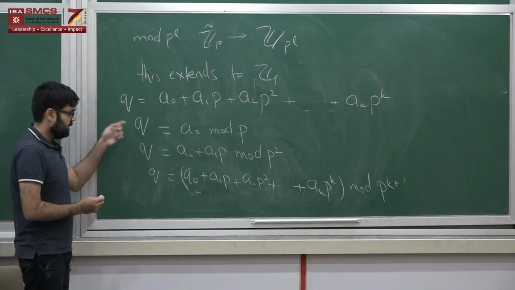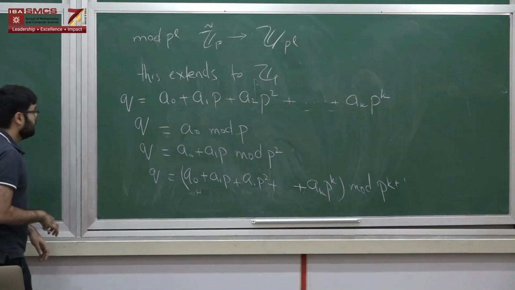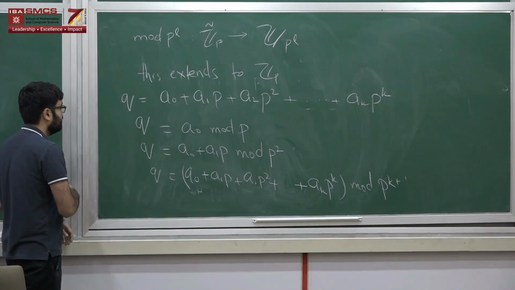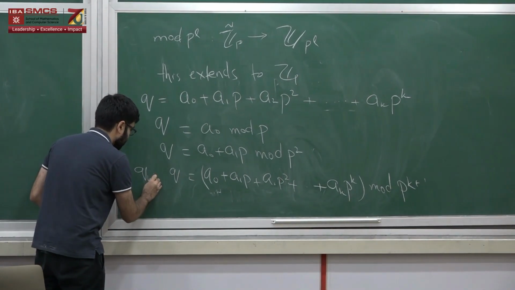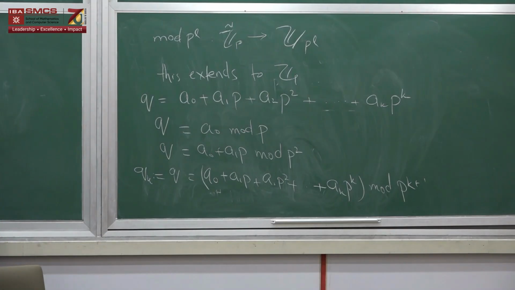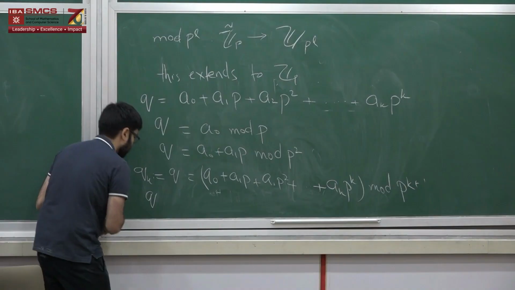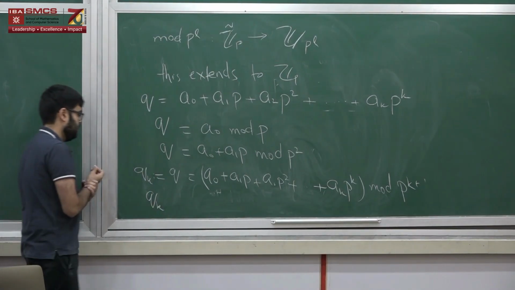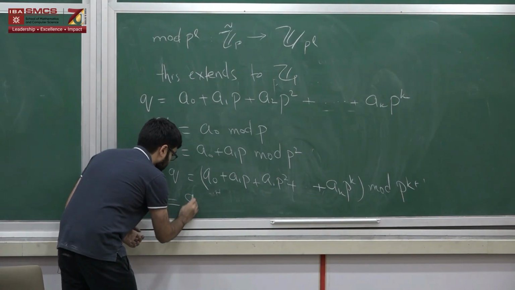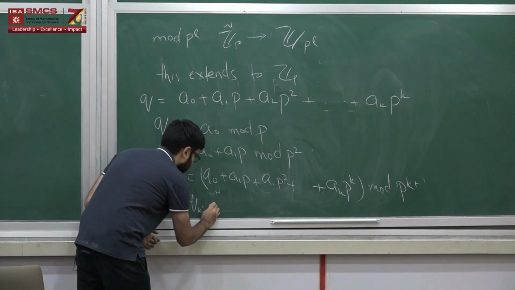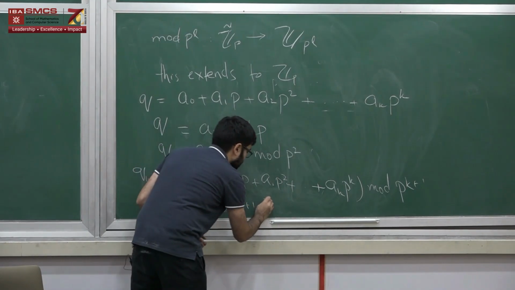The nice thing here is that I can define this thing as Qk, and if I have some k prime less than k, then Qk is the same as Qk prime mod p^(k prime plus 1).